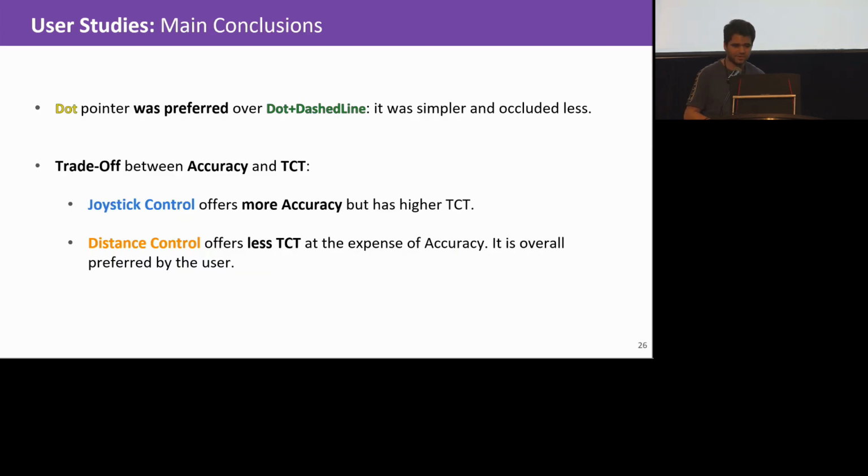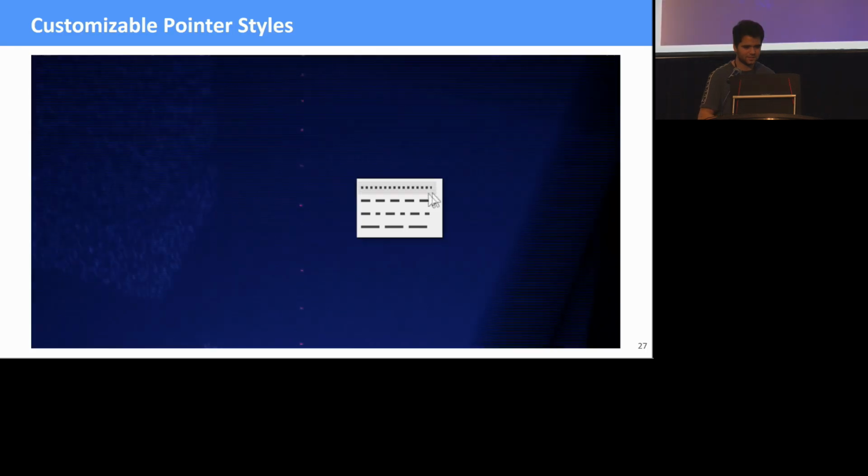So what conclusions can we get from the user studies? Well, the dot pointer was usually preferred in the subjective questionnaires over the dot plus dash line from the first user study. Then we get a trade-off between the accuracy and the task completion time with the two methods, the joystick one having the upper hand in accuracy, but at the expense of a longer task completion time, being slower thus.